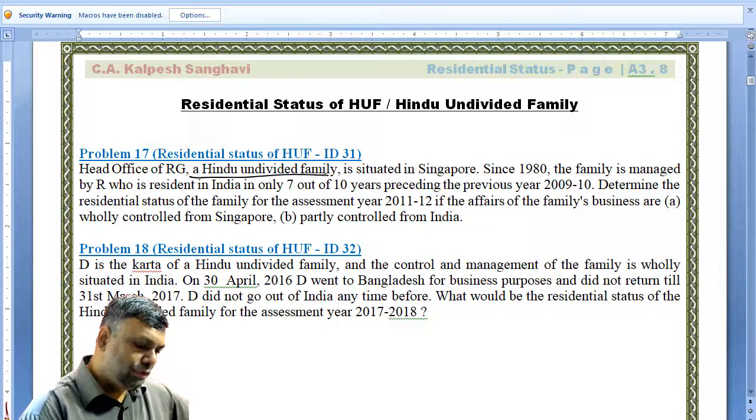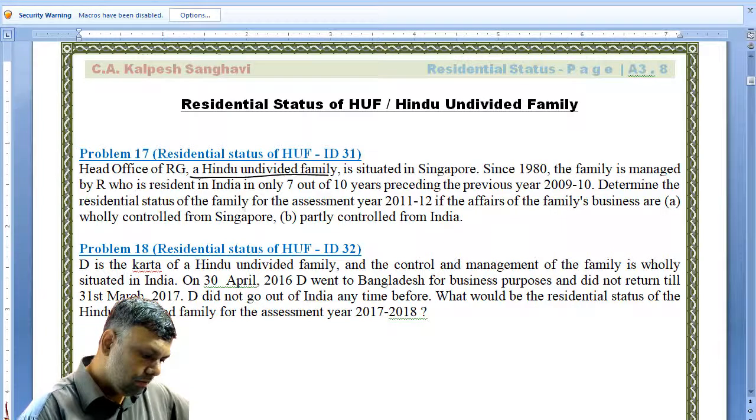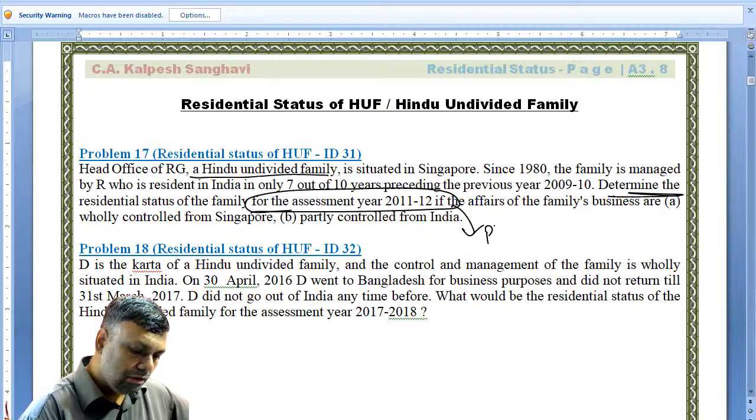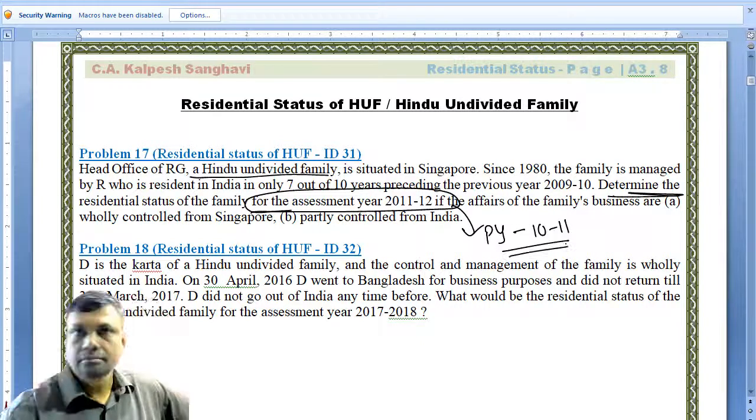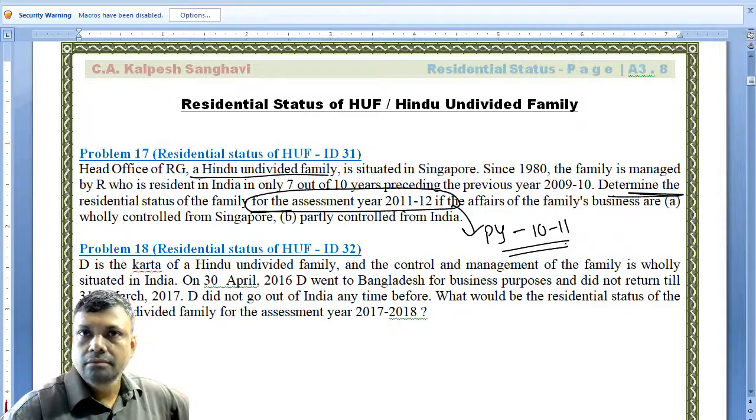So this is a question for HUF. That is the first point brought to your notice. You are told to determine the residential status for the assessment year. That means your previous year is going to be 10-11. Okay. Previous year is 10-11.